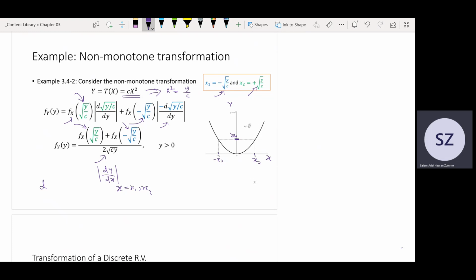What is dy dx? Y is cx squared. So what is dy dx? 2cx, right?